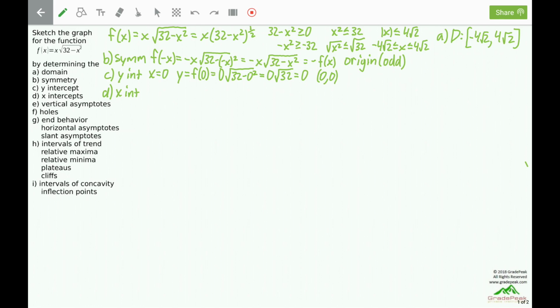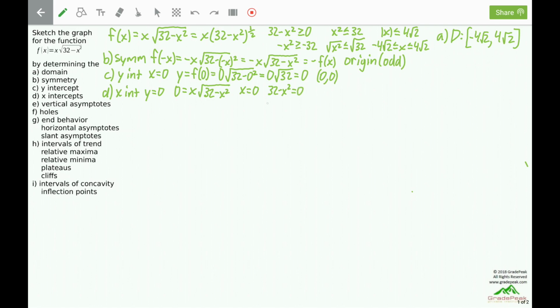For part D, we want to determine the x-intercepts. These are the points where the graph crosses the x-axis, defined by y equals 0. Y, which is f of x, can be set to be 0, and we can solve for all x's. Because of the x in front of the root, that tells us that x equals 0. Because of the root, what's inside the root has to equal 0, so 32 minus x squared equals 0.